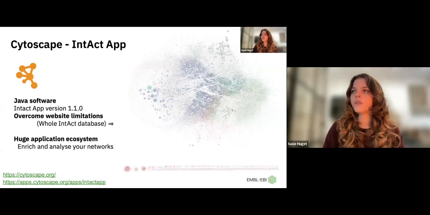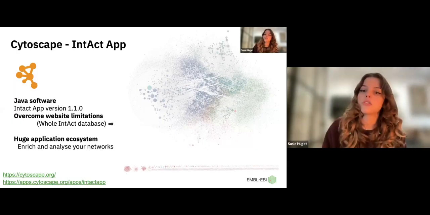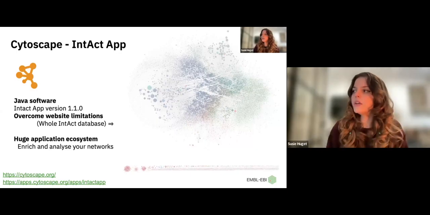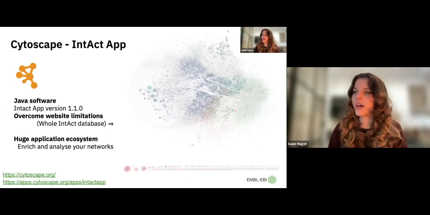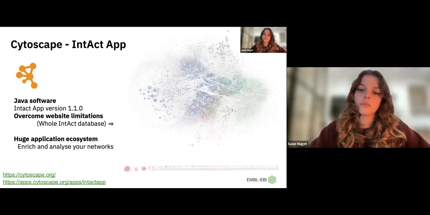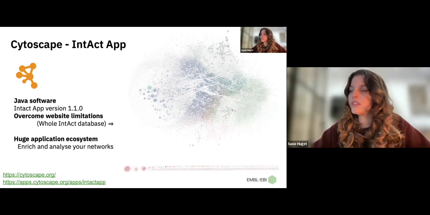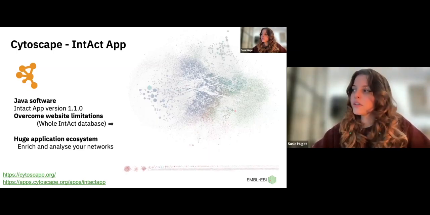Also, Cytoscape is quite handy when you want to personalize: you can change the colors of the elements of the visualization, and also change the layouts. For a bit of information, Cytoscape is developed in Java 17, and so the Cytoscape IntAct app is also developed in Java 17. It's using Java Swing for everything that is graphical.